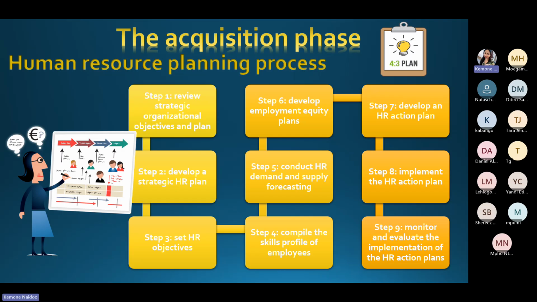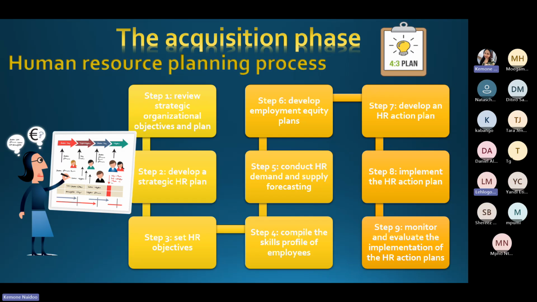So step 2, once we have our organizational goals, we can start to develop a strategic HR plan. Now, what this means, our HR plan is more like a plan of action, just how we're going to go about hiring these people, where we're going to find them from, those types of things. So it's a very simple type of plan that just helps guide the direction of this process.